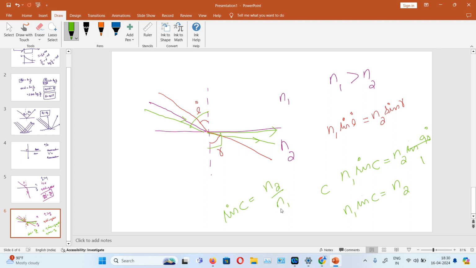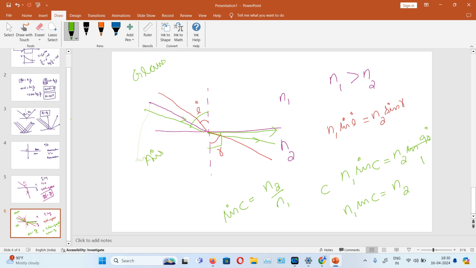Usually we state the refractive index of the denser medium with respect to the rarer medium. Suppose this is glass and this is air.